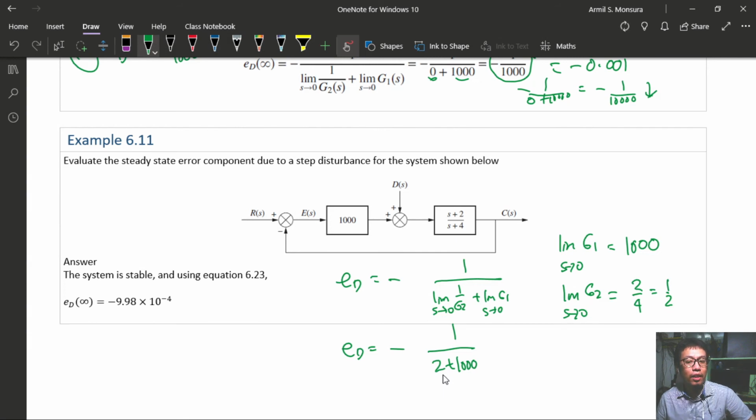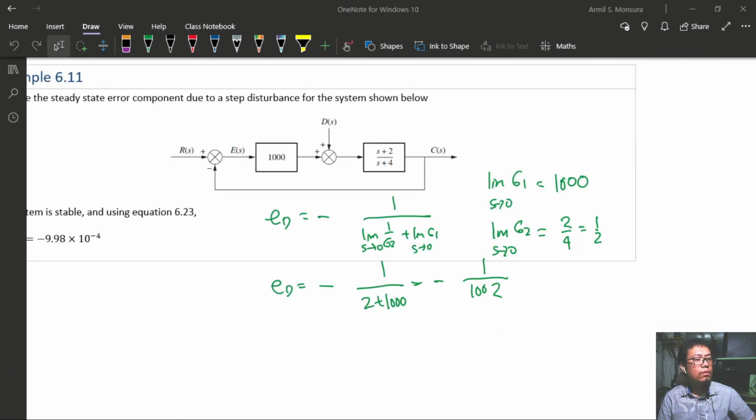What happened here is that the value of the DC gain went up, the DC gain of G2. So we will have negative 1 over 1,002. We find now that the error is negative 1 over 1,002.